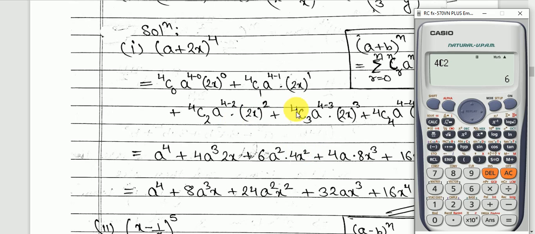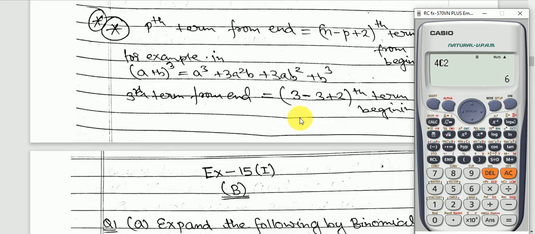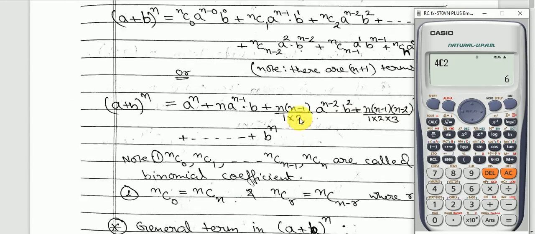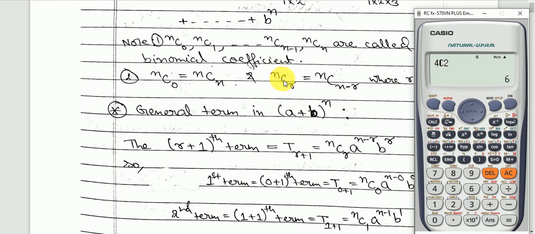then you have to find 4C3. Now 4C3 will be equal to 4C1 only. If you remember, in the previous lecture we had written this formula, NCR is equal to NC n minus R. So if I have 4C1, then 4C4 minus 1 means 4C3.